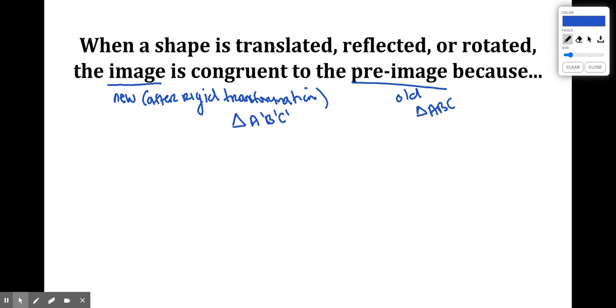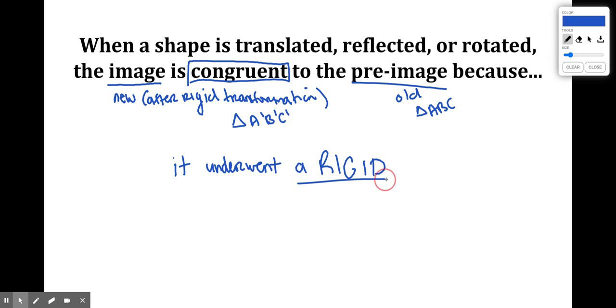So when a shape is translated, these are our three rigid transformations: translation, reflection, and rotation. The image is congruent to the pre-image because it underwent a rigid transformation.